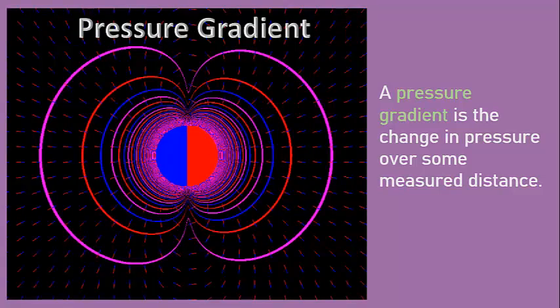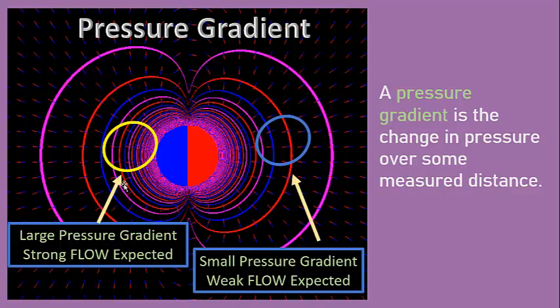Now I want to switch to the isopotential graph that I'm showing you here. Let's go back to the definition of a pressure gradient. A pressure gradient is the change in pressure over some measured distance. Over here, you see the lines are very close together, so this would be considered a large pressure gradient. Strong flow is expected in a large pressure gradient.